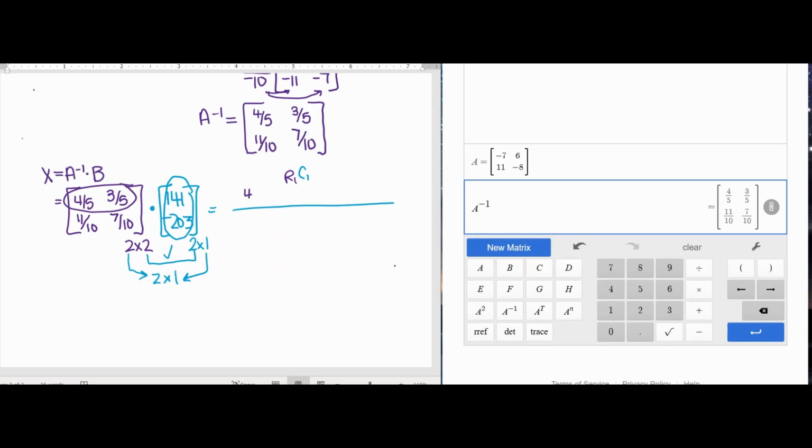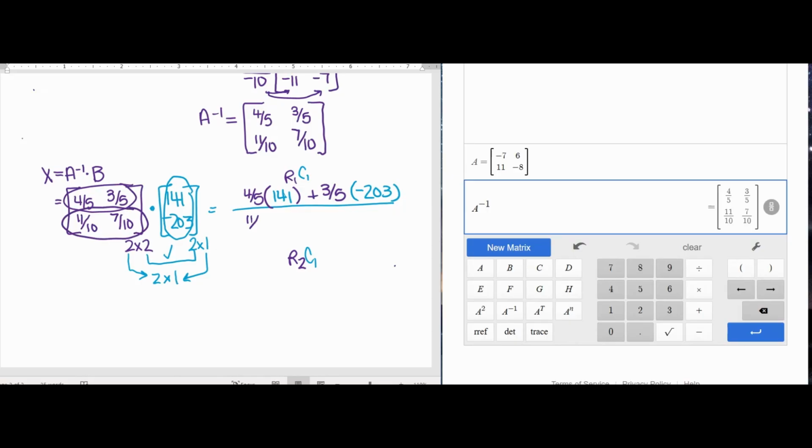We're going to have 4/5 times 141 plus 3/5 times negative 203. And then we need to take row 2 times column 1.